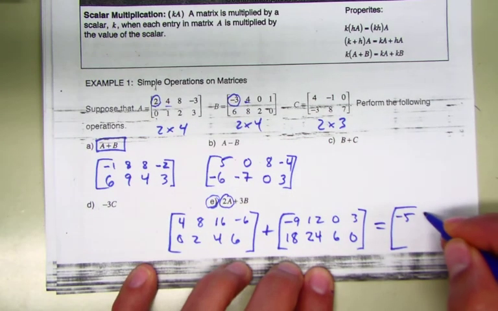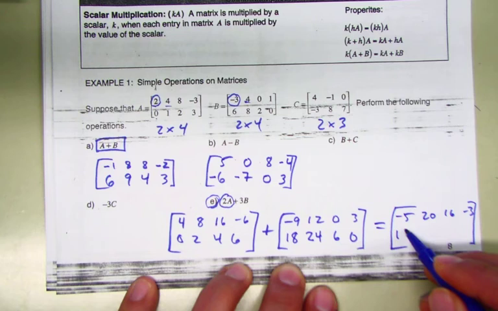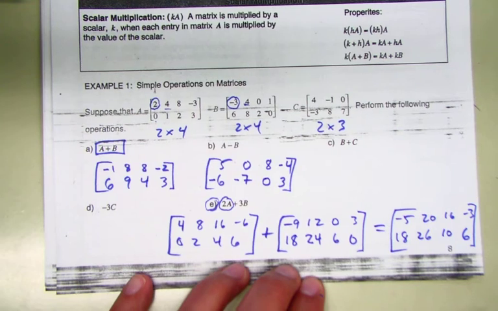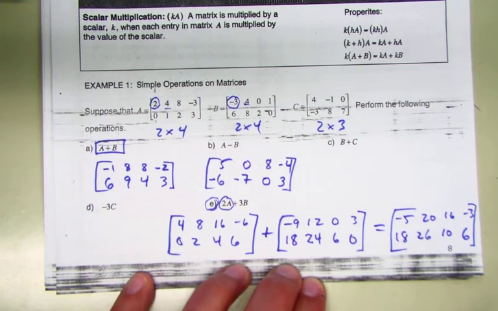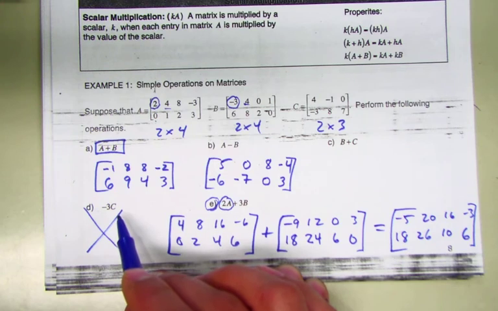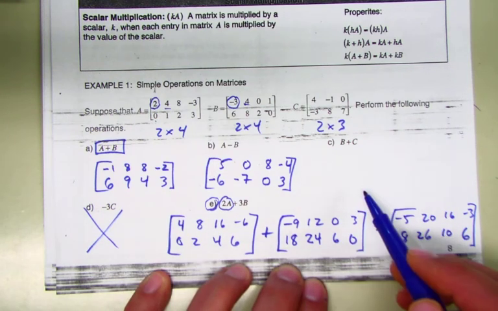Yep. 16. Good. Uh-huh. 26. Good. Pretty straightforward, right? Okay. We're going to skip that one because if you can do this, you can certainly multiply a matrix by -3. Can we do B plus C?